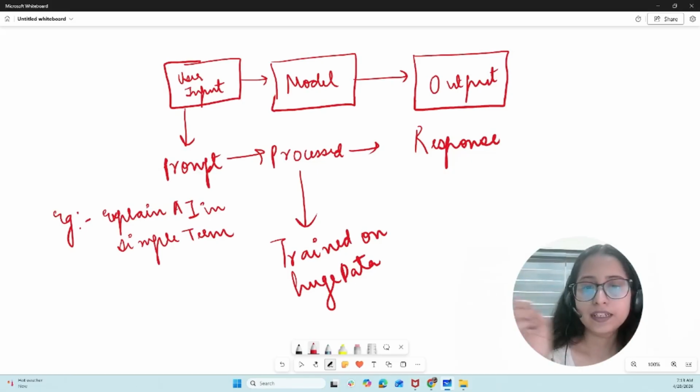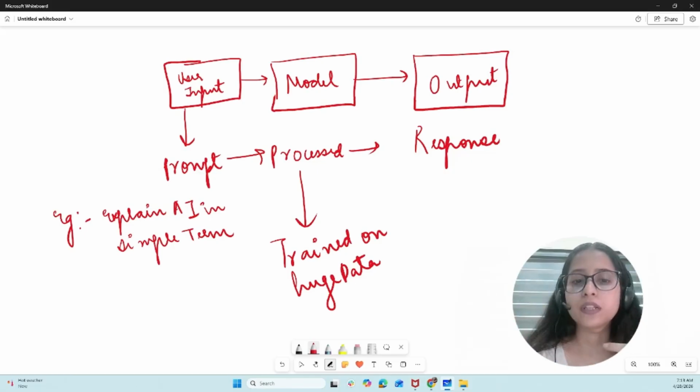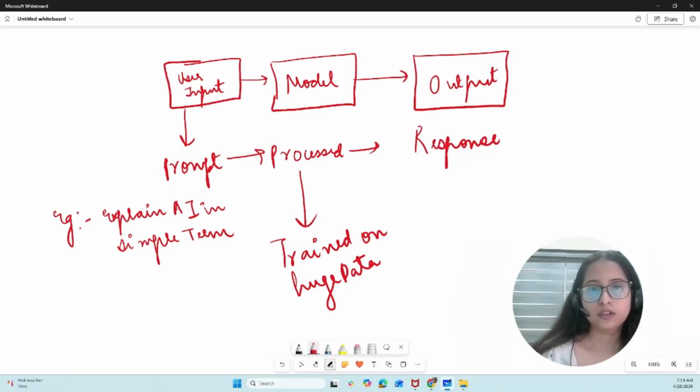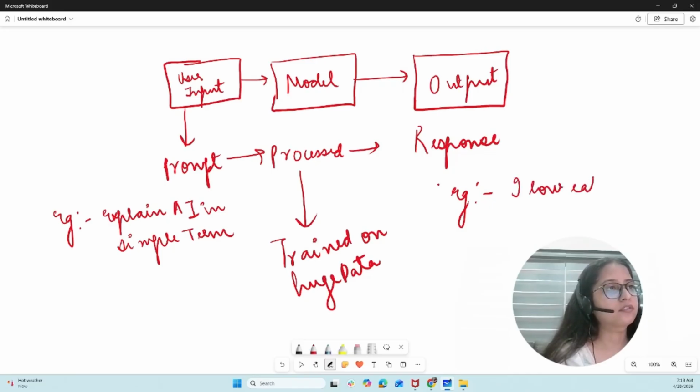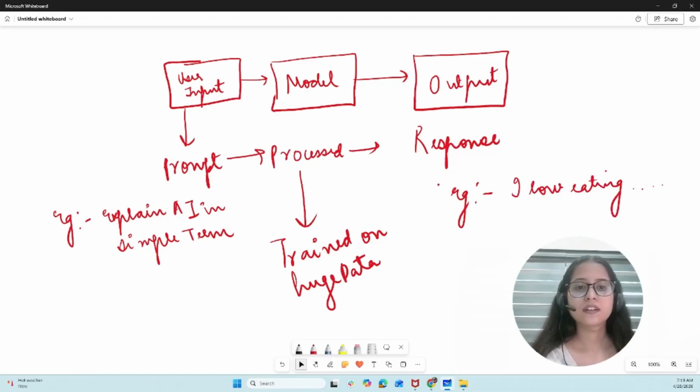The AI does not understand meaning like humans. It does not have real knowledge at all. It predicts the next word. Okay, it predicts the next word. Let me show you with a simple example. If I say, I love eating. Now this is an incomplete sentence, right?